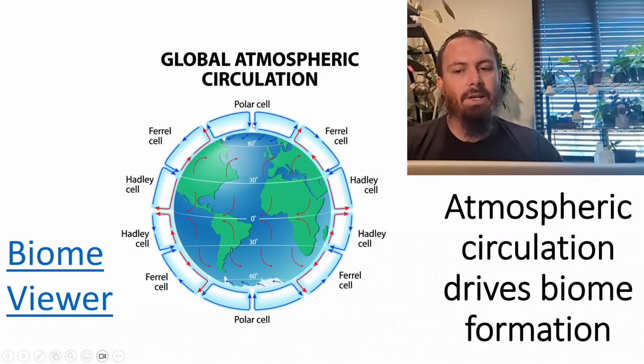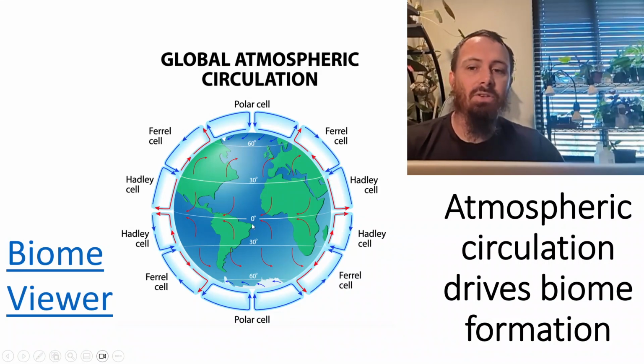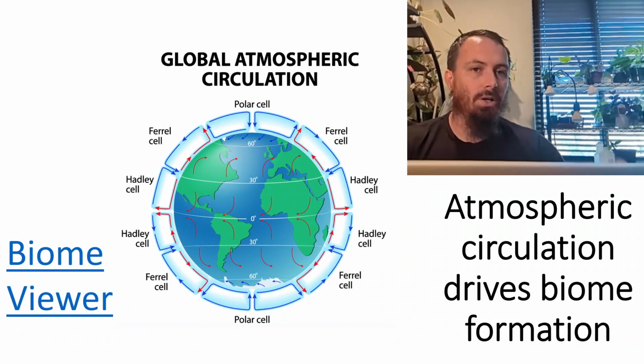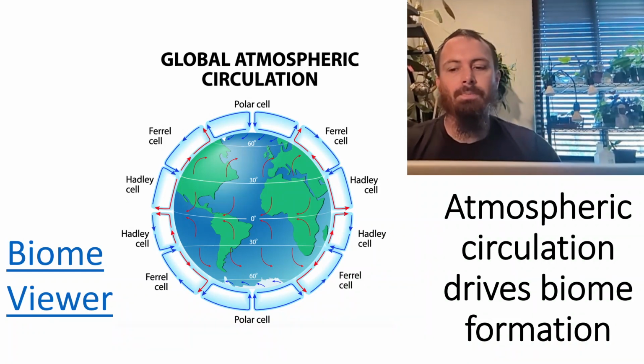Polar cells, they go down at the 90 degrees. That means pressure goes up, volume goes down, temperature goes up, water holding capacity goes up. And at the polar cells, we basically have deserts. They don't get much rain. They have a lot of ice built up over a very long time, but they don't get that much precipitation.